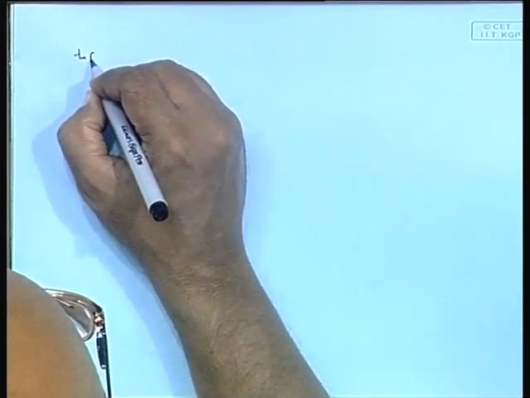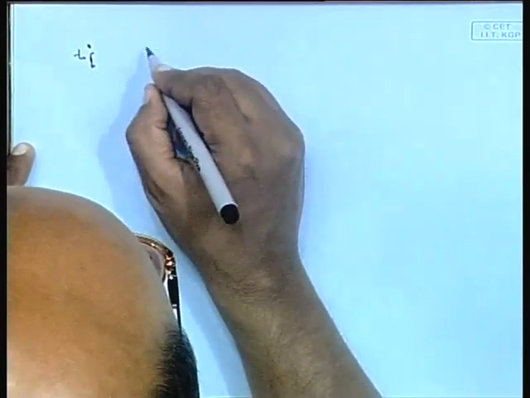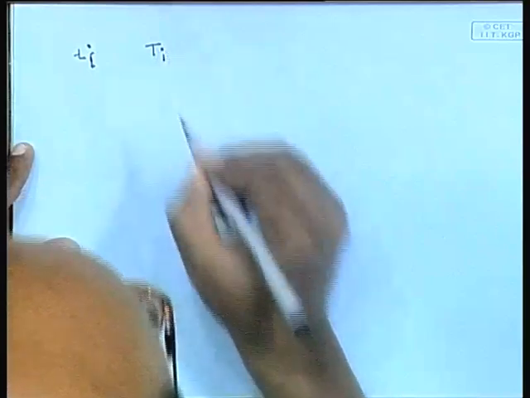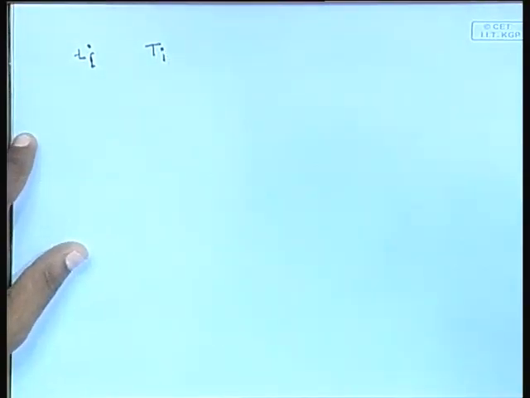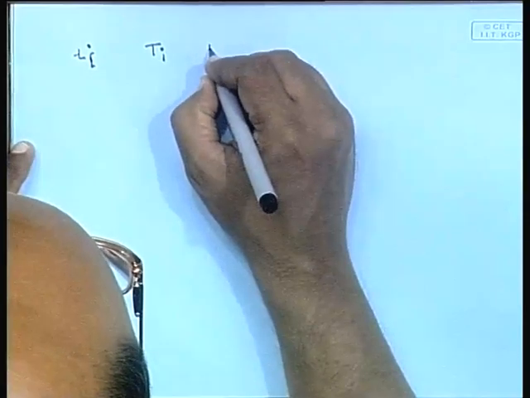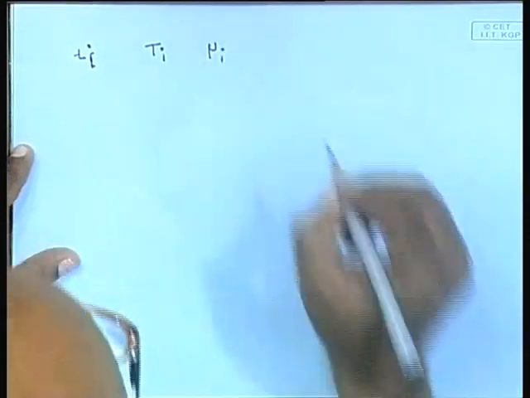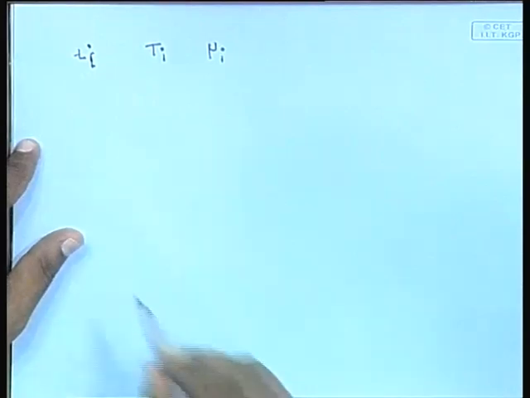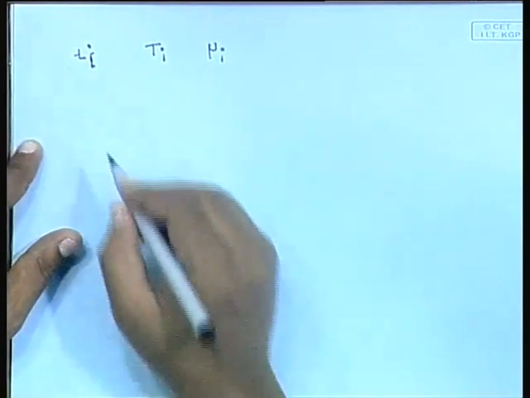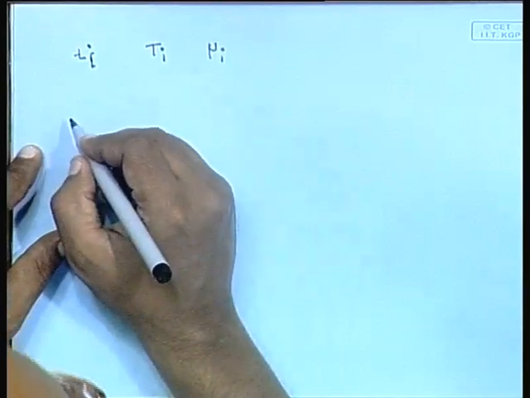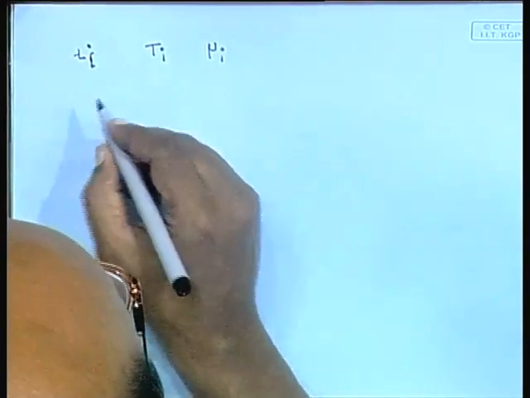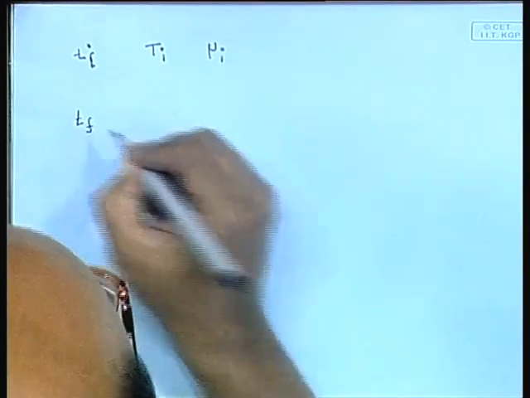At the time t_i, the system is in thermal equilibrium with a temperature T_i and say a chemical potential mu_i, and we would like to find out what the occupation number is at a later time t_f, what the distribution of the particles in the different states looks like at a later time t_f.